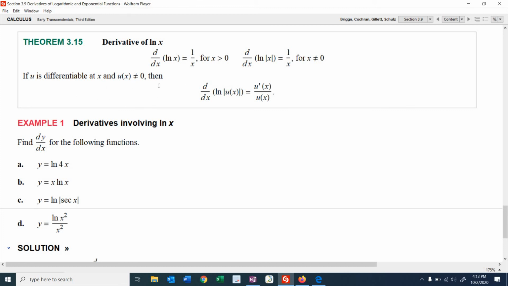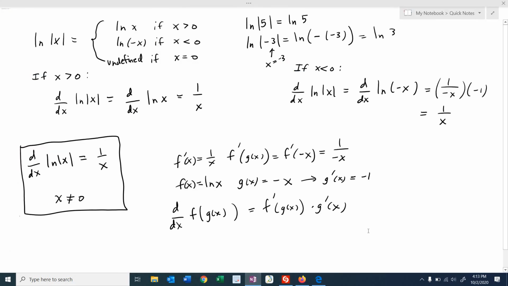And then there's one other result that we can sort of derive from this, is that if you were to take the derivative of the natural log of the absolute value of u, where u is a function of x, then you're going to have to use the chain rule to find this. So let's talk about that.